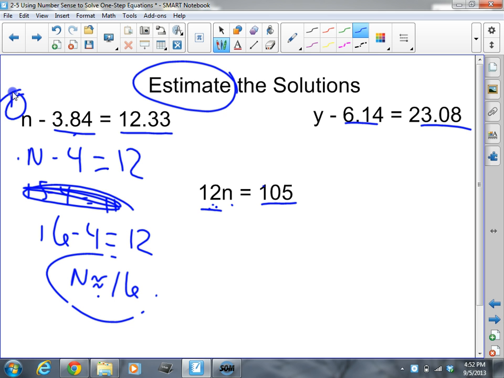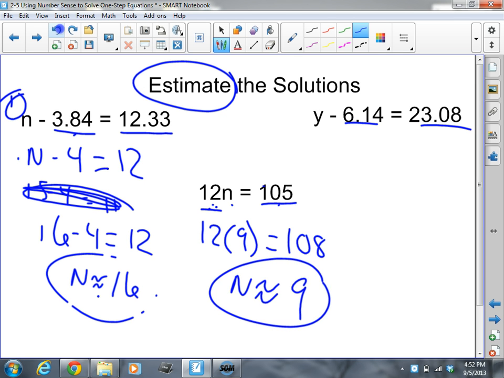How about 12 times 9? 12 times 9 equals 108. That's really close to 105. So n is pretty close to 9. It's not exactly, but it's pretty close to 9.